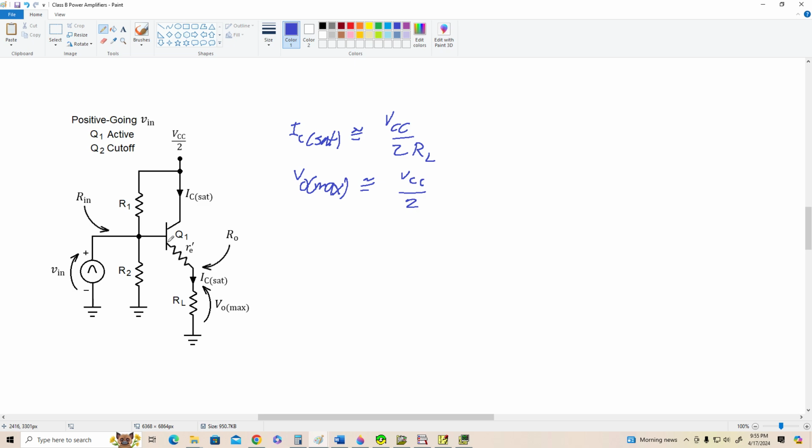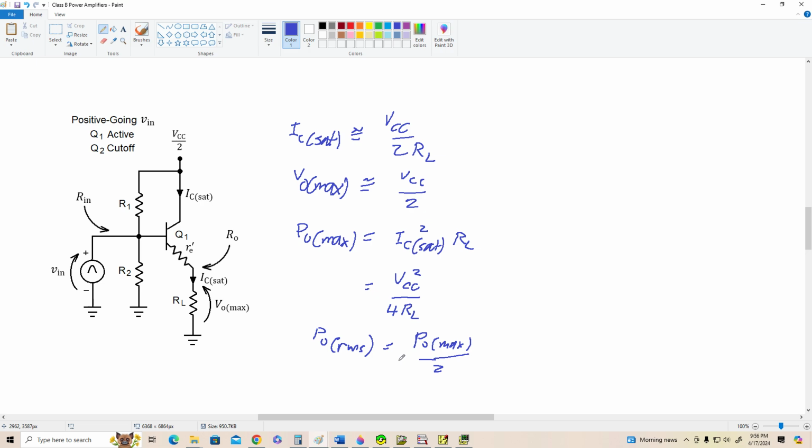Now power out max, PO max, is equal to either I squared R, so that's going to be IC sat squared times RL, or we could use VO max squared divided by RL, so that would be VCC squared over 2 squared times RL, so 4 RL. These are both equivalent ways to find the maximum power out. And of course, power out RMS is equal to PO max divided by 2.